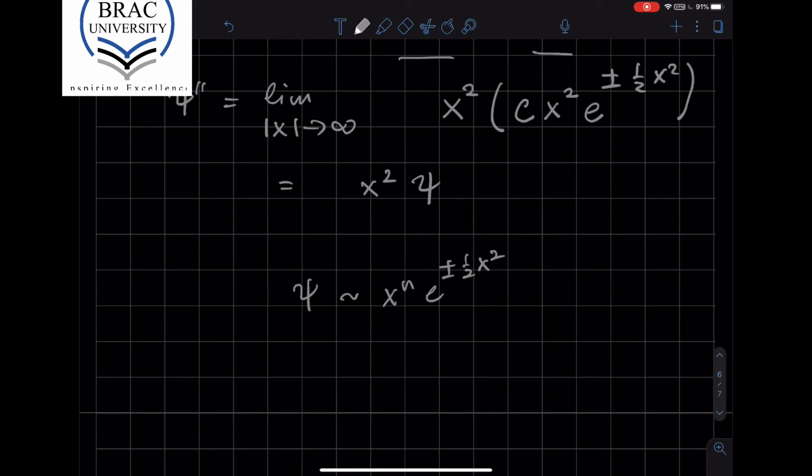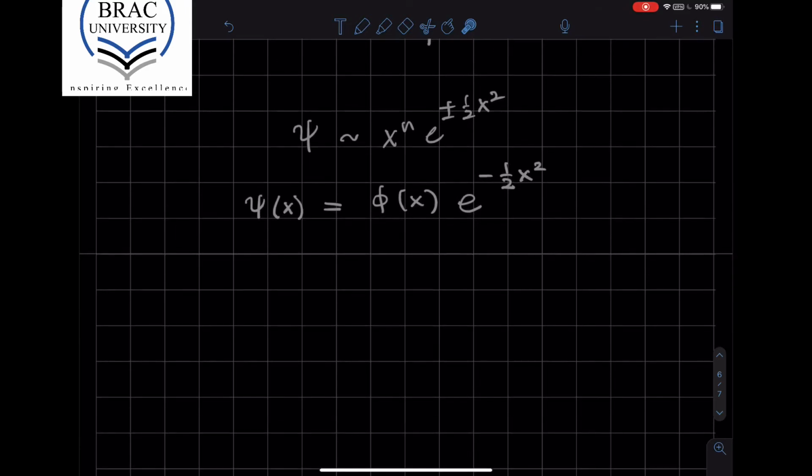So for the exact solution, we take the ansatz that this will be some function phi of x times e to the power minus half x squared, where we are requiring that as x becomes large, this phi of x becomes this factor. Now let's see if we can manage to find a solution like that.